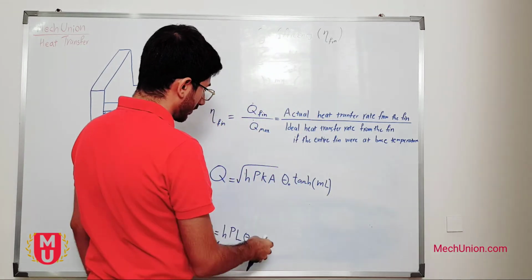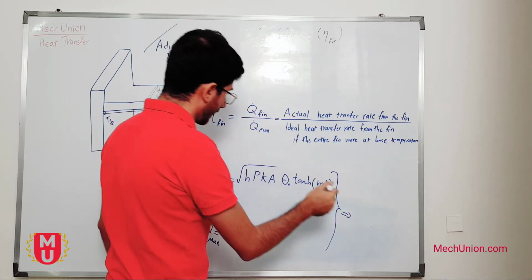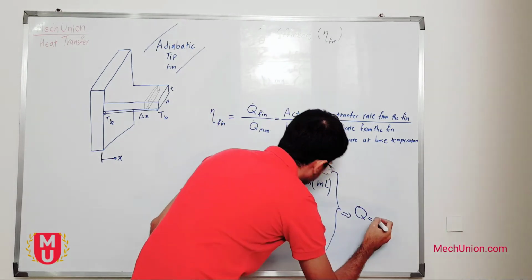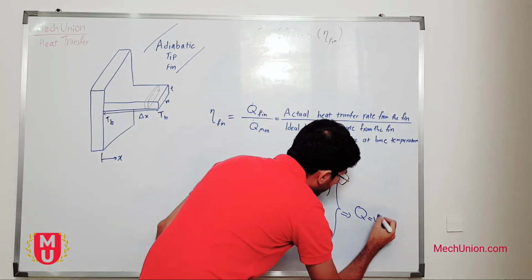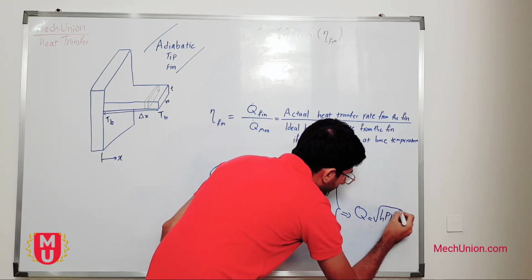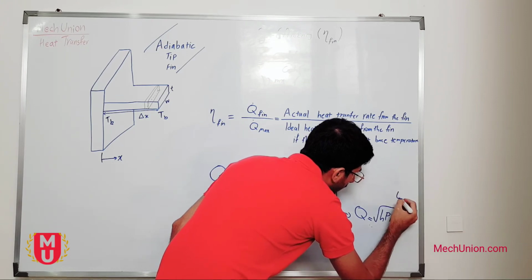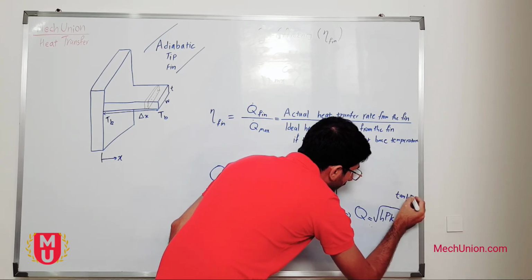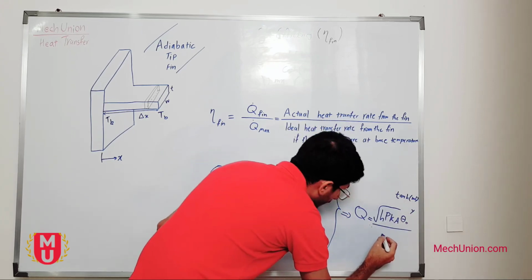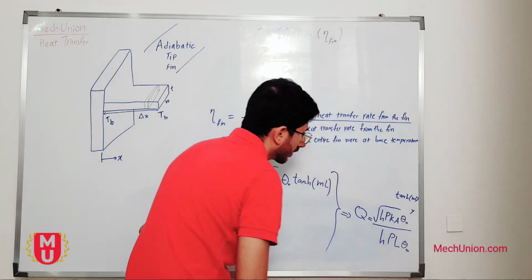If we substitute these two terms into our formula, we will have Q equals square root of hP Ka theta naught hyperbolic tangent of mL over hPL theta naught.